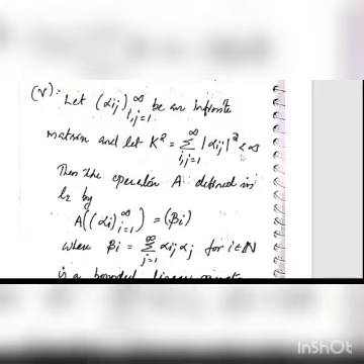Then the operator A defined in L2 by A of alpha, i from 1 to infinity, is equal to beta i. Now what is beta i?